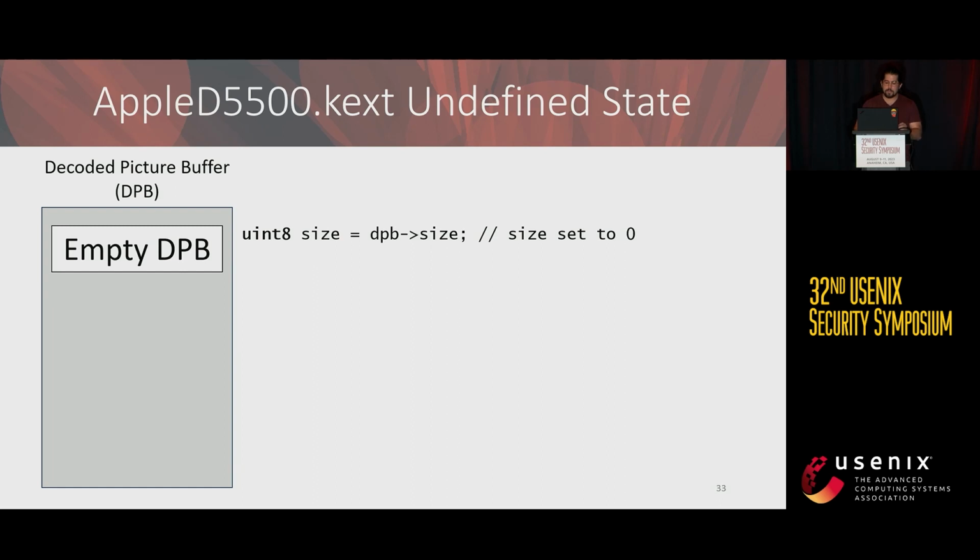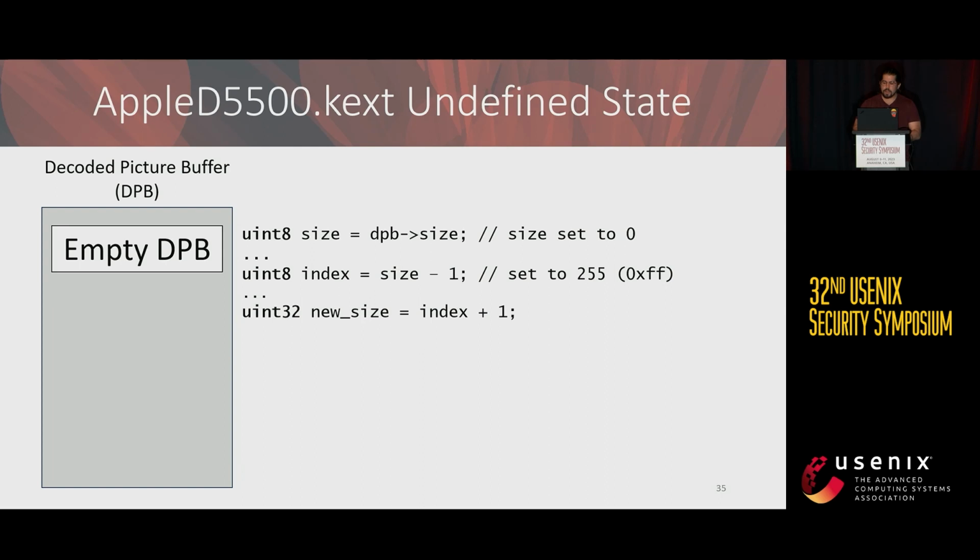First, we access the DPB object to get its size and store it in a uint8 type variable. This size is used to calculate an index into the DPB. But because the size is 0, subtracting 1 causes the value to wrap around, giving us 255 for our uint8 index. Later on, the Apple D5500 wants the size again, so it increments the index by 1. But now the new size is stored in a uint32.